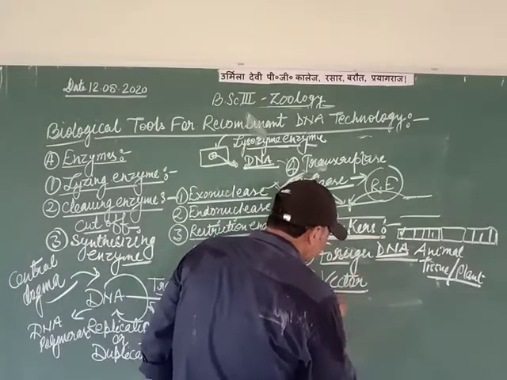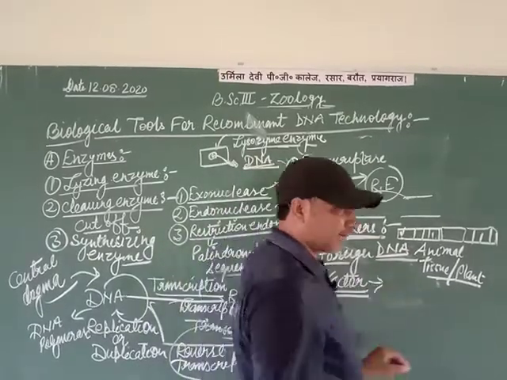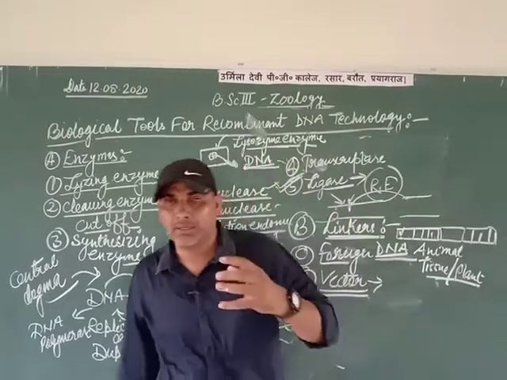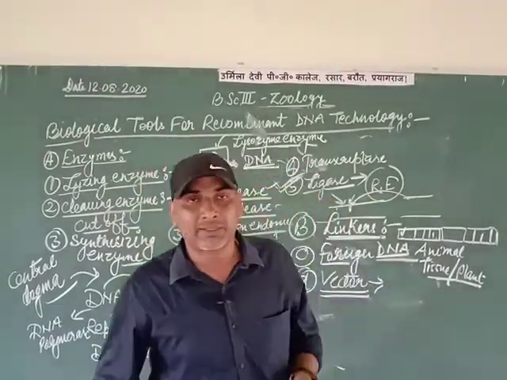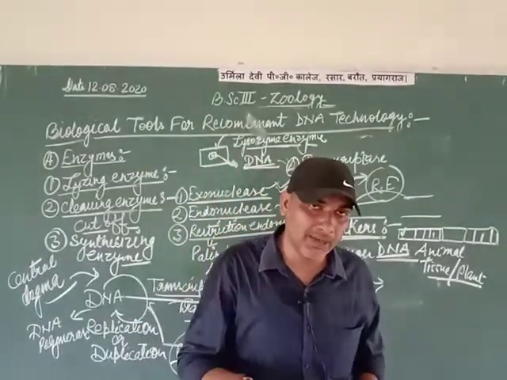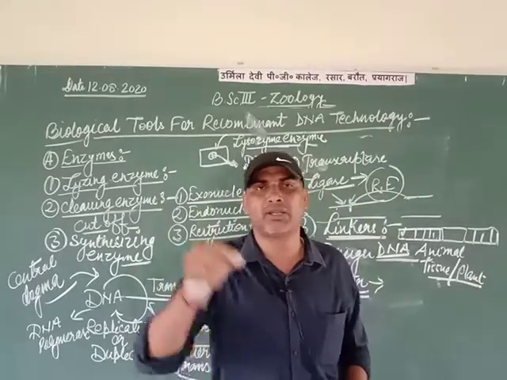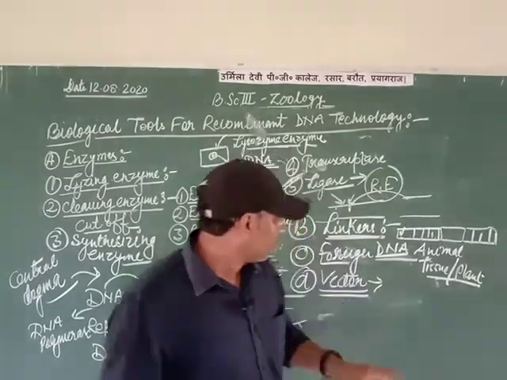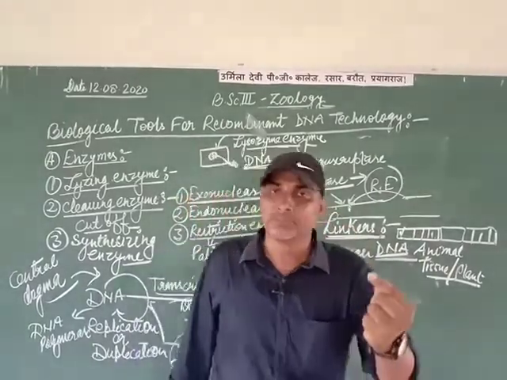A cloning vector is used by scientists in biotechnological processes, particularly the plasmid of bacteria, bacteriophage, phagemid, and so on. This is very important because it is very small.